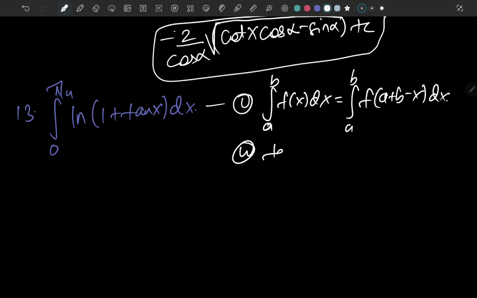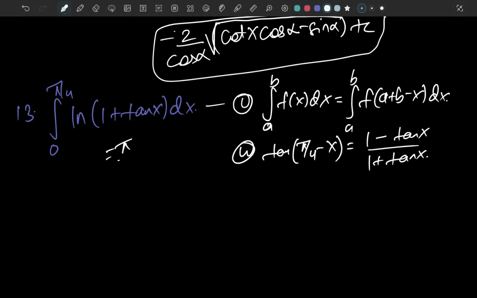Second would be tangent of pi over 4 minus x is 1 minus tangent of x upon 1 plus tangent of x, and you will get a very good result. I think it's going to be pi over 8 ln 2. Let me just think of it. Or pi over 4 ln 2 maybe. No, wait a second. Yeah, pi over 8 ln 2 is the answer.